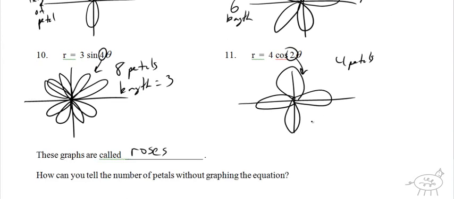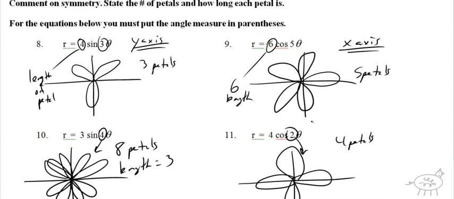Okay, so what can you say? How can you tell the number of petals without graphing the equation? Well, if that's a 3 or a 5, that's an odd number, isn't it? And you get the same number of petals. And if it's an even number, it's double. That's kind of interesting. So here we can make this conclusion then.